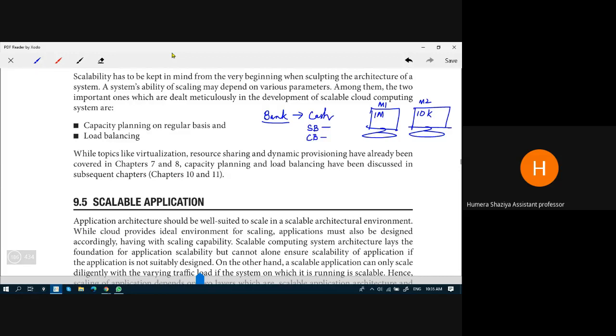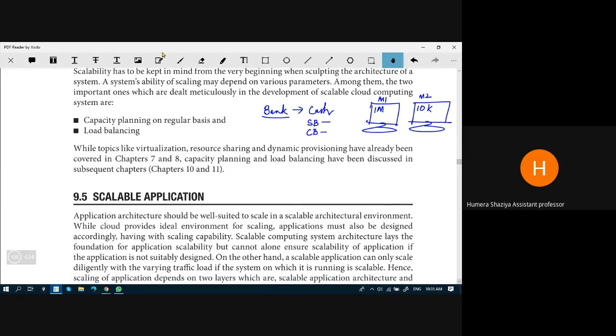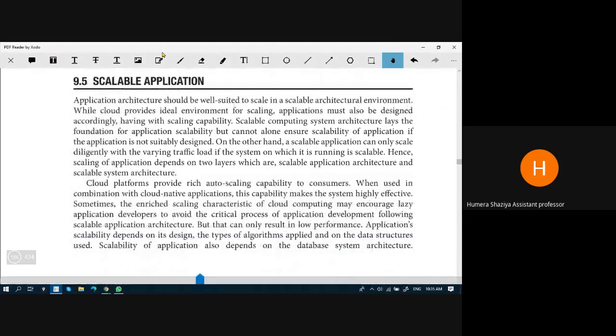Apparently, M1 is overloaded, M2 is underloaded. This type of parameters, values, decisions, planning has to be made in order to implement on-demand and automatic scaling. Scalable applications. So what are the scalable applications?